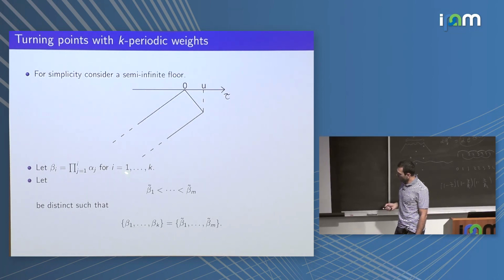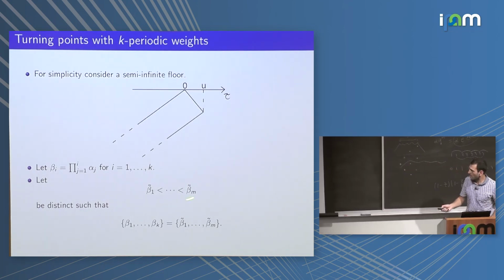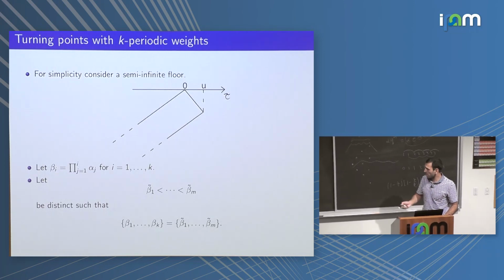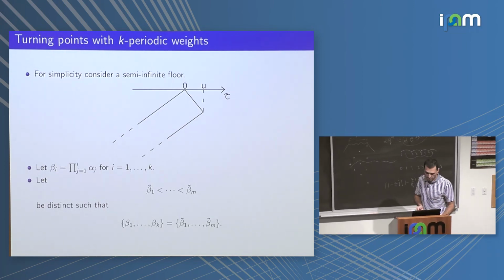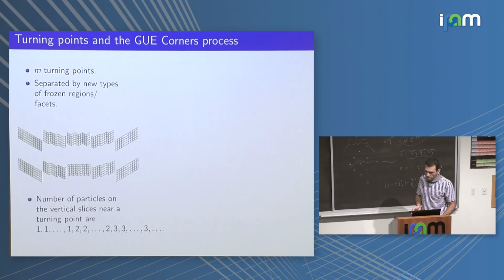Even though your weights are periodic with period k, these numbers might have fewer than k distinct values. So just look at these numbers, the products of neighboring alphas, and order them. Let's say there are m different ones. It turns out that along the boundary, you end up having exactly m turning points.